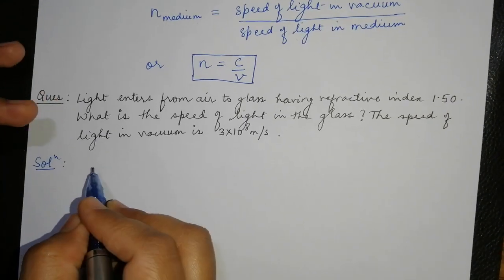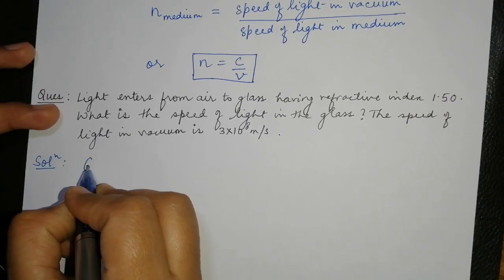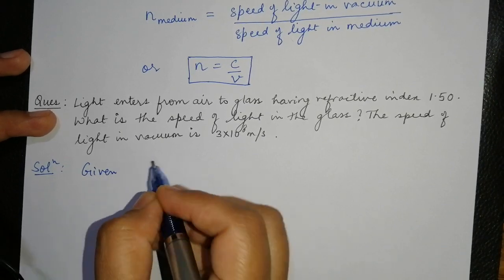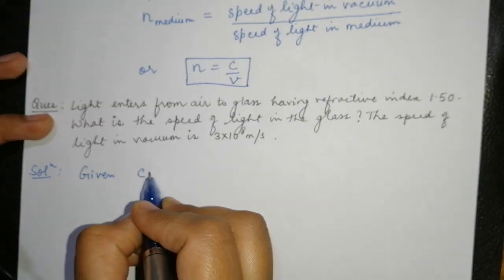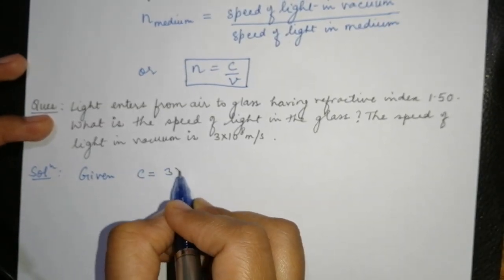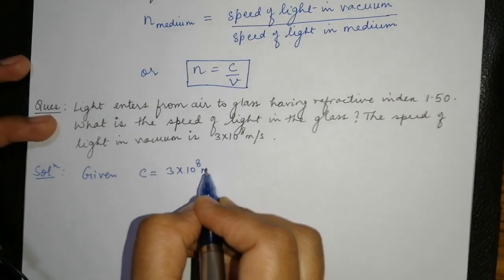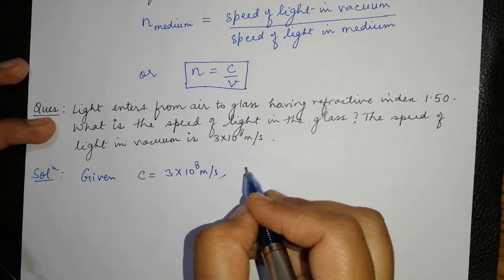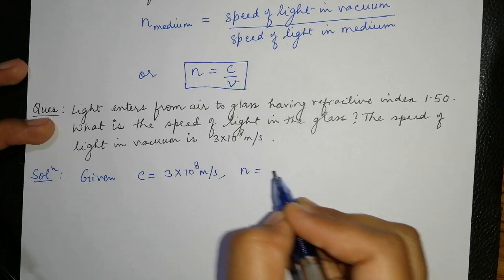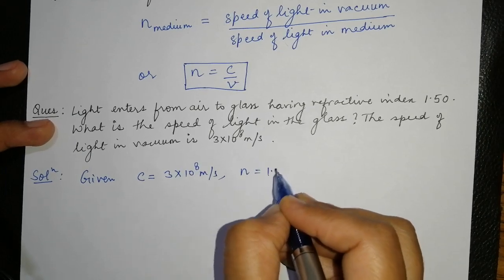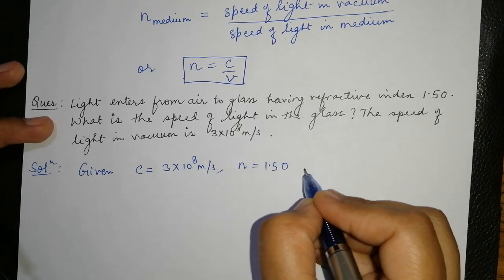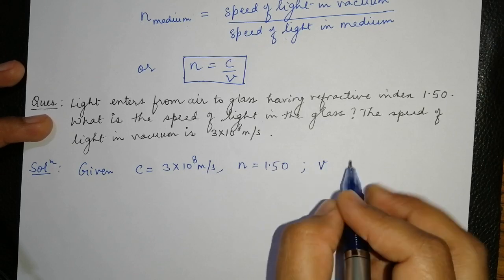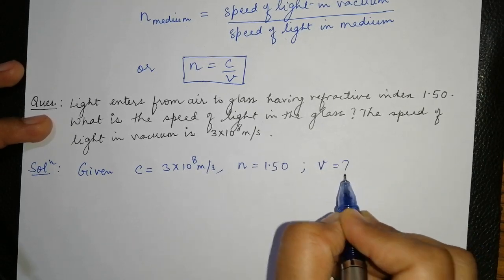So first of all we'll start with what is given: c, that is speed of light, is 3 into 10 to the power 8 meter per second. This is already known to you, and n is given to be 1.50. What we have to find is the speed of light in the medium, v.